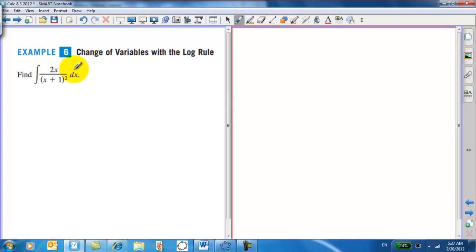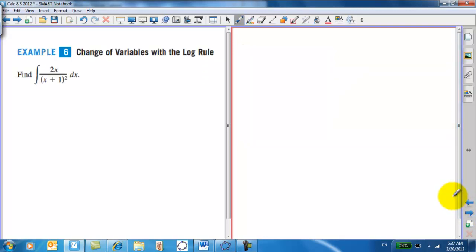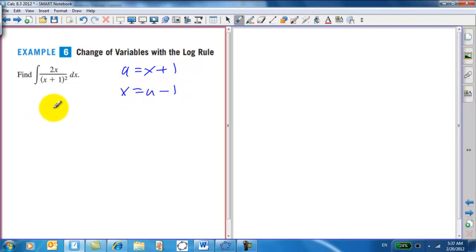Okay. Notice how when you take the derivative of x squared plus 1, you get 2 times x plus 1 up here. So that's going to be a little bit trickier. But it might be very easy if we just let u equal x plus 1. So if we just let u equal x plus 1, then x equals u minus 1, and du equals dx.